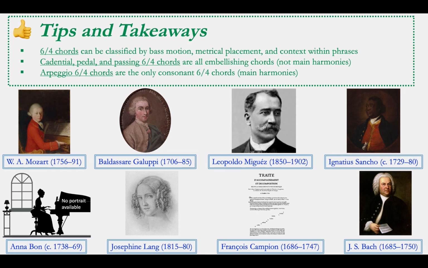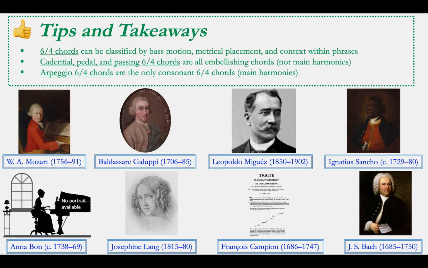The C and the E are dissonant notes, non-chord tones, embellishments that have to resolve down by step to clarify and affirm the main harmony G, B, D. That's the difference between 6/4 chords as embellishments versus 6/4 chords as consonant main harmonies.